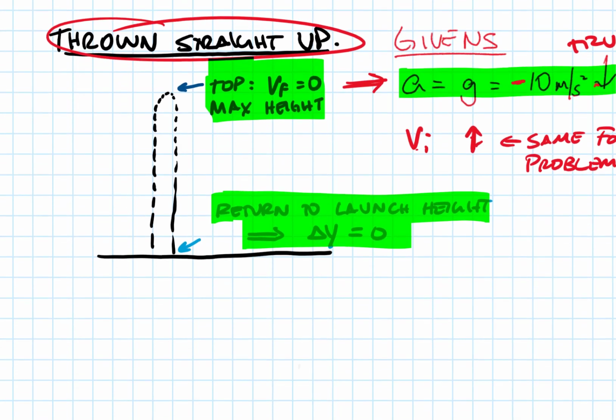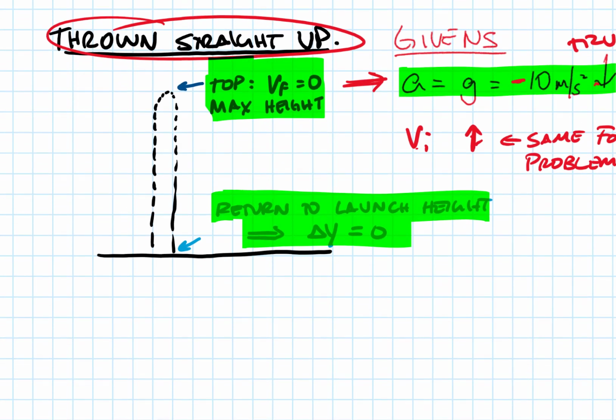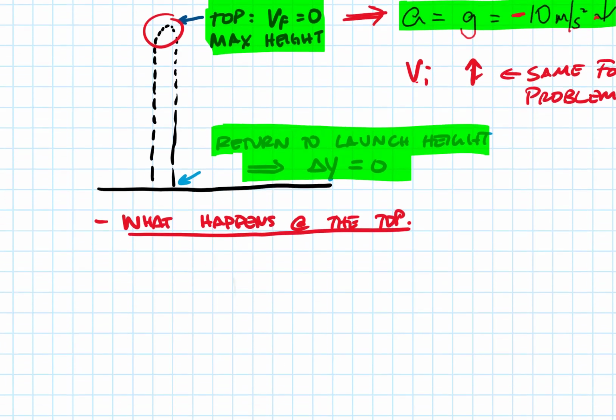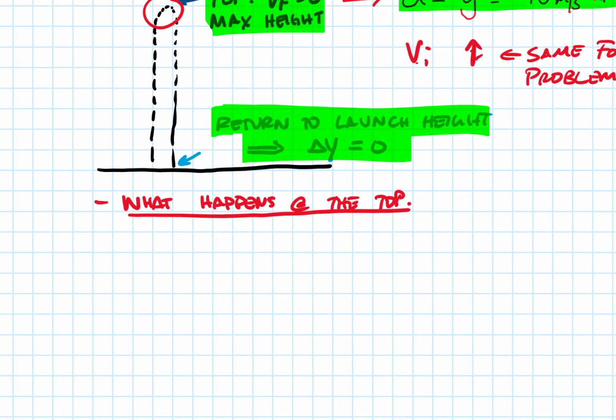The next thing we're going to talk about is a conceptual thing of what's happening at the top. So at the top of the trajectory, here's what we know happens.